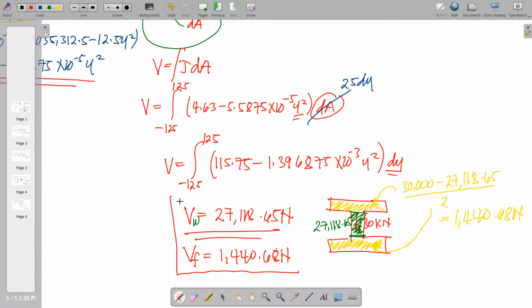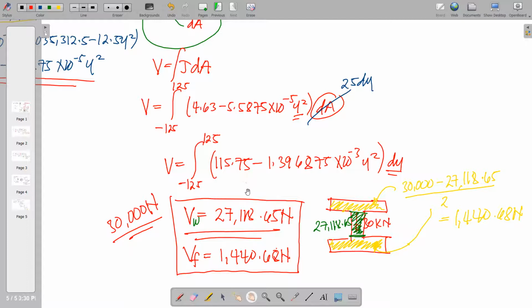For the flange, 1,440, and for the web, 27,118.65 Newton. So all will total to 30 kilonewton or 30,000 Newton. So if you sum all of this and multiply the flange share by 2, of course, it will yield 30,000.